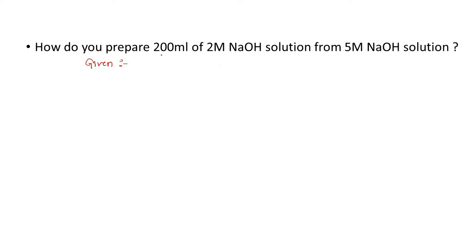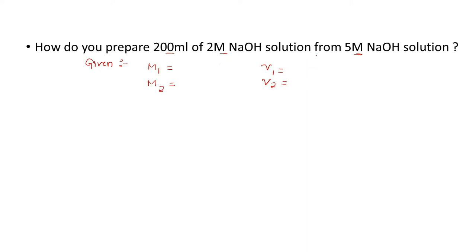So you need to prepare 200 ml of 2 molar NaOH solution from 5 molar. So from 5 molar indicates that 5 molar NaOH solution is a concentrated solution. Then 2 molar NaOH solution, which becomes after addition of water, is a diluted solution, and the volume should be 200 ml.